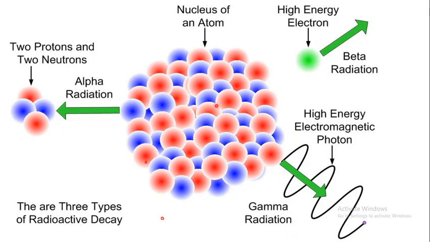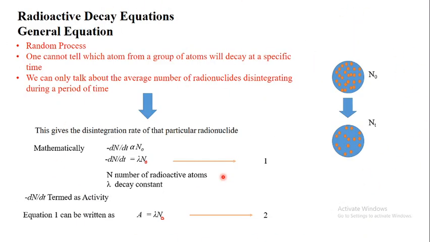If it is not disintegrated, for a moment consider it is stable, then no radiation will be emitted from this atom. Have a look at this system.